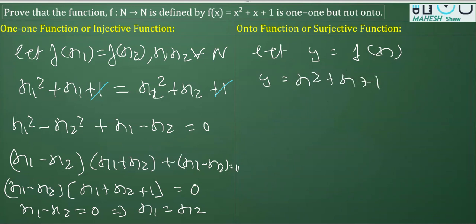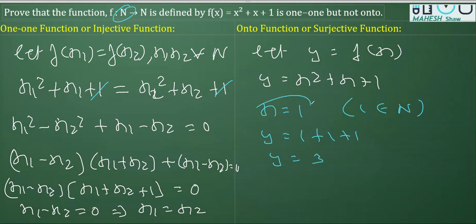Now, if I take the smallest natural number, x = 1, and 1 being a natural number belongs to the domain, replacing x with 1, I get y = 1² + 1 + 1. So y is 3.